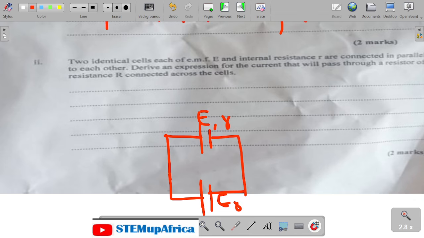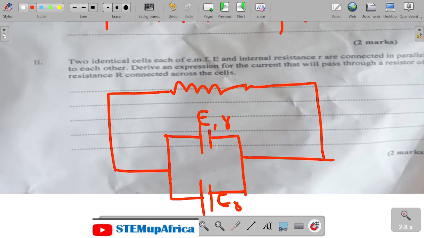So derive an expression for the current that will pass through a resistor of resistance R. So it's connected to a resistor. Although they didn't ask us to draw, it's good you draw for a better illustration. So the current I will flow here, continue flowing in this manner, and come back to the source.